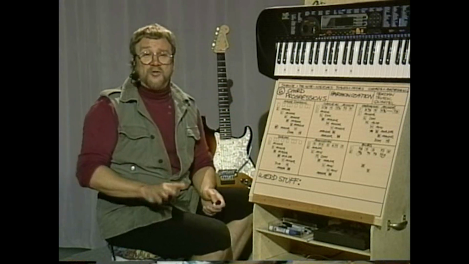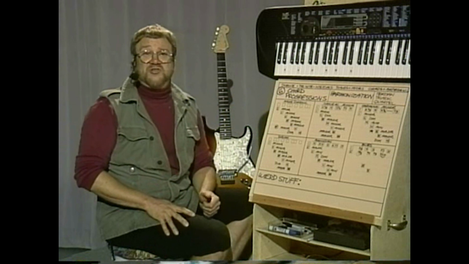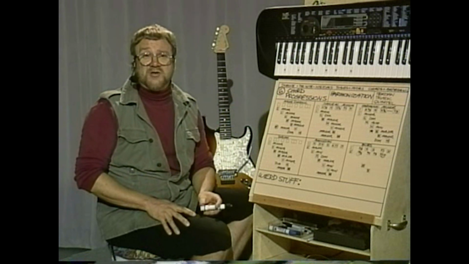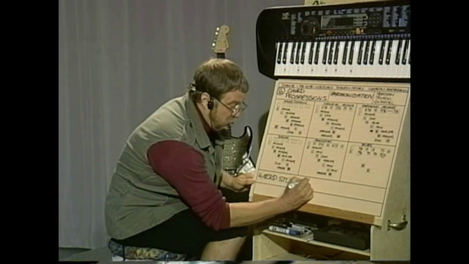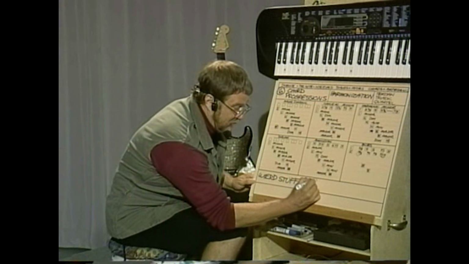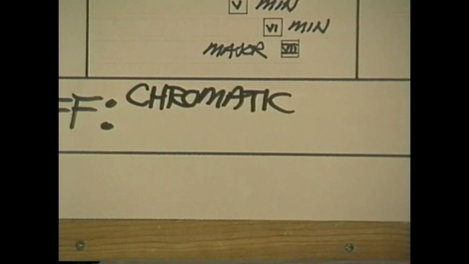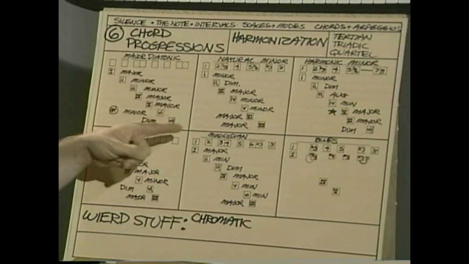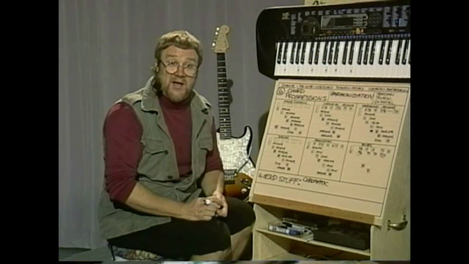But there are whole styles of music that you might never have heard of, like a style called 12-tone serial music. You see, music has become more and more chromatic over time. Remember, all of the harmonizations that we were looking at up here really only utilized maybe 7 of the 12 notes.